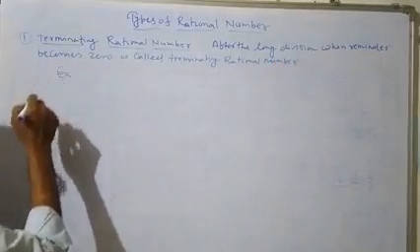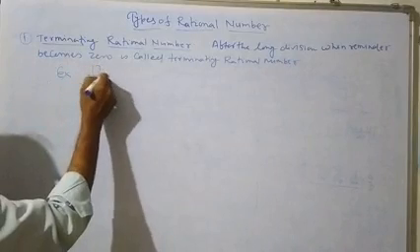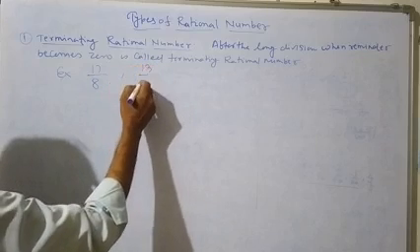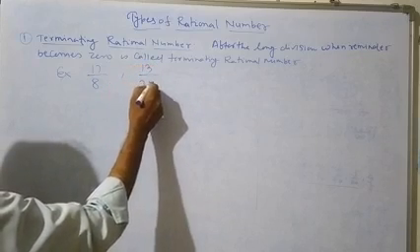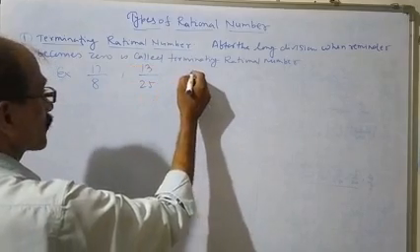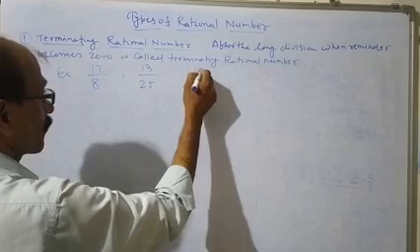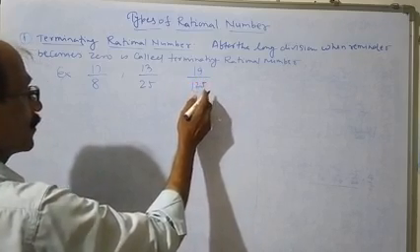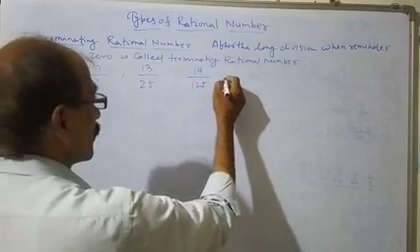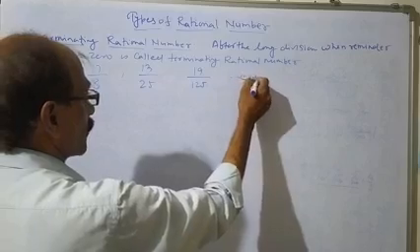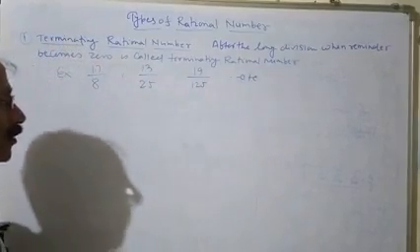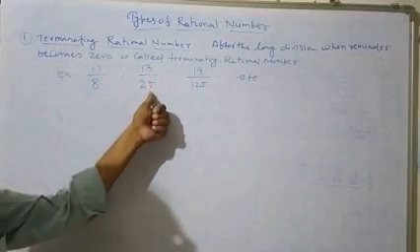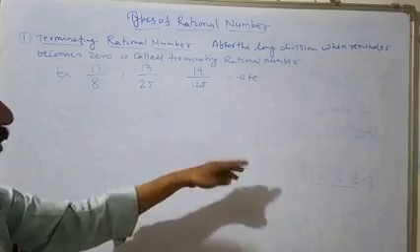Examples: 17 upon 8, 13 upon 25, 19 upon 125, etc.